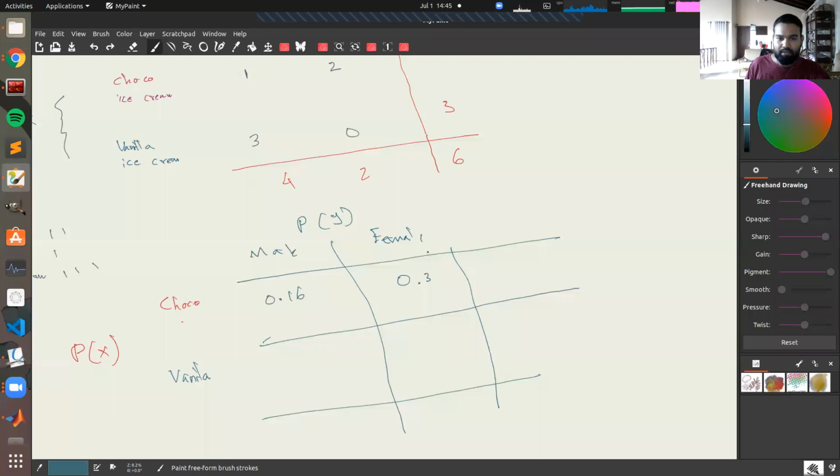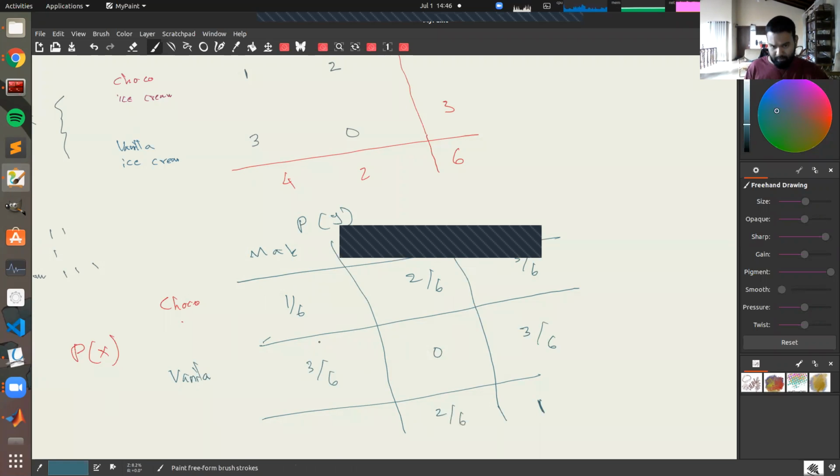And actually, let's stick to fractions because then it will be easy. We'll have 1/6 here, 2/6 here, 3/6 here, 0. And here now the totals add up to 1. And here we have 2/6 and 4/6.